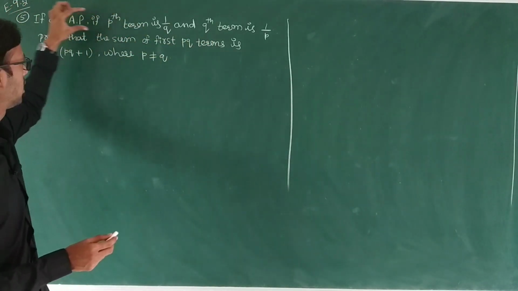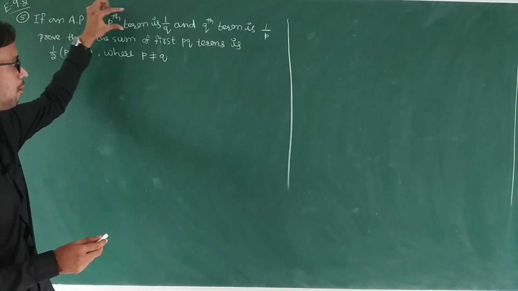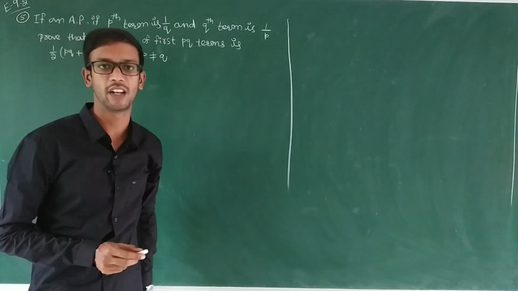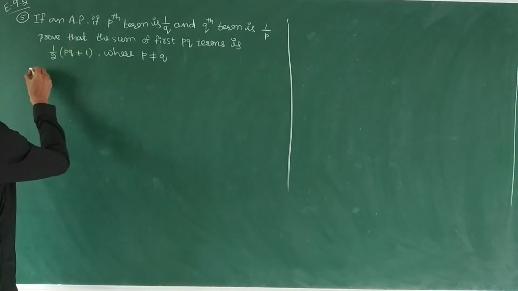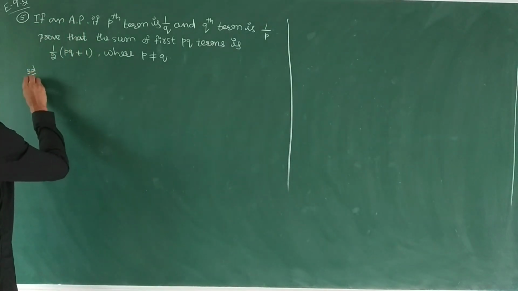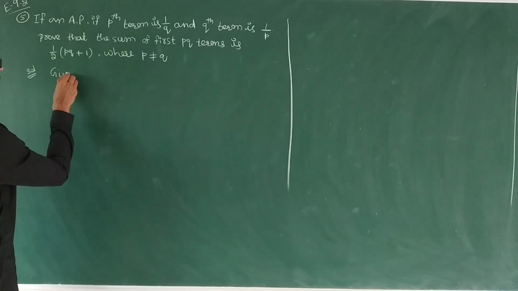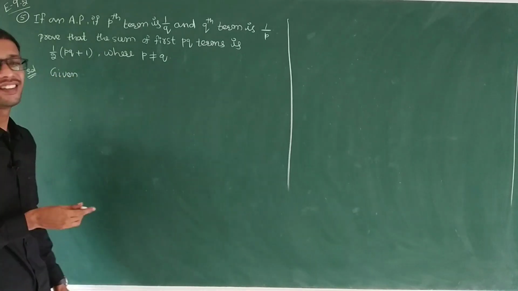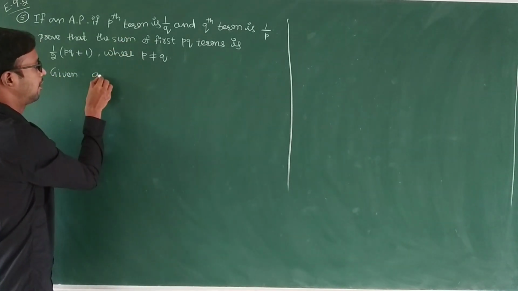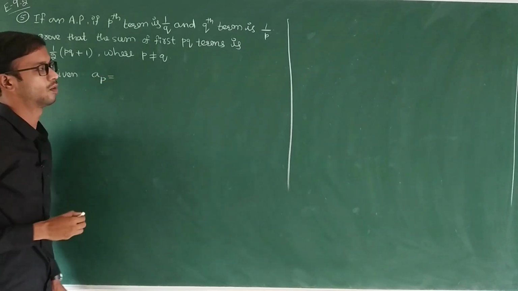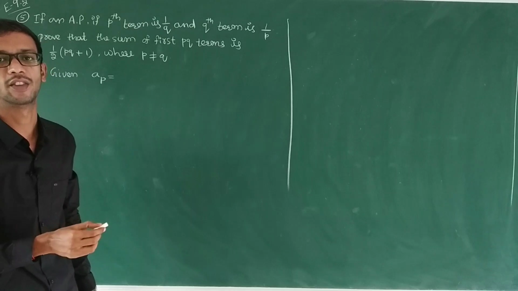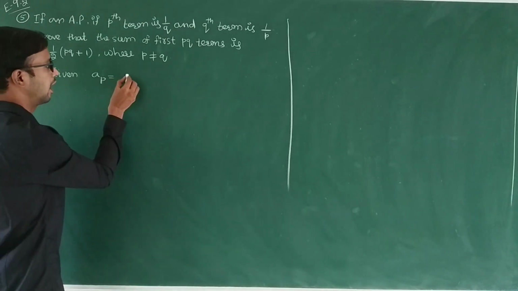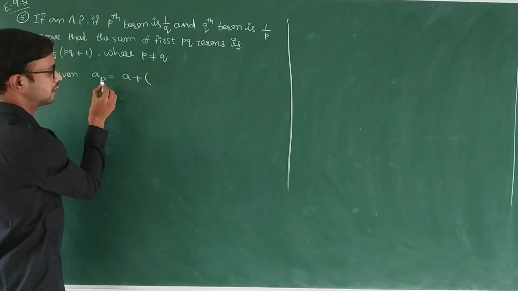First, you observe that in an AP, the pth term and qth term are given. So I will write here, given: the pth term of the AP is equal to, what is the formula? A plus n minus 1 into D. Here n is p.